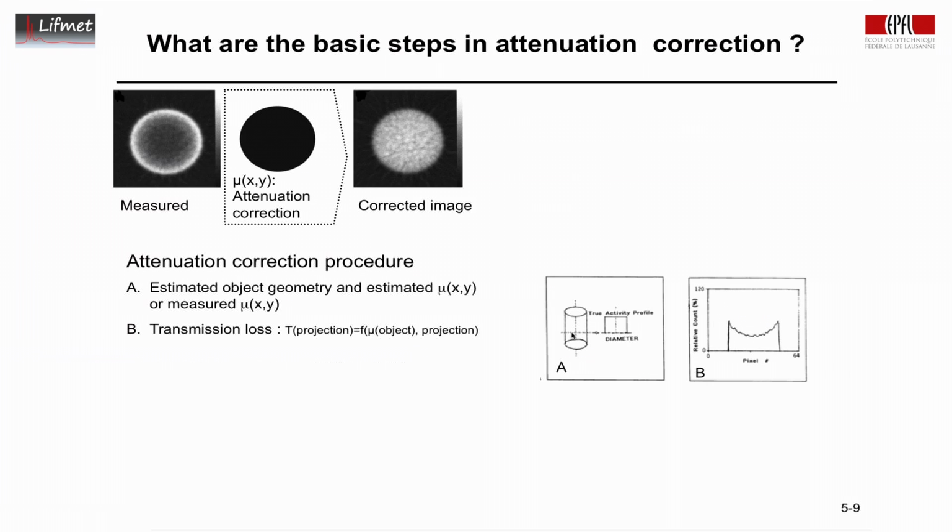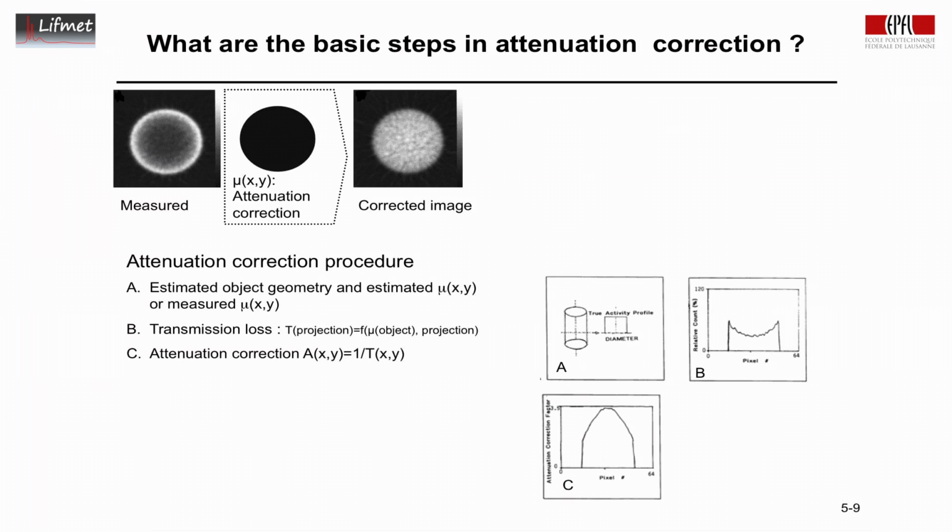Here's the transmission loss characterized. We have the true activity. This gives us the transmission loss. We can calculate a parameter A as a function of position X and Y. It's 1 over the transmission loss. That's the attenuation correction. This would look in this example like this. So we have to do more correction at the center and less correction at the edges.